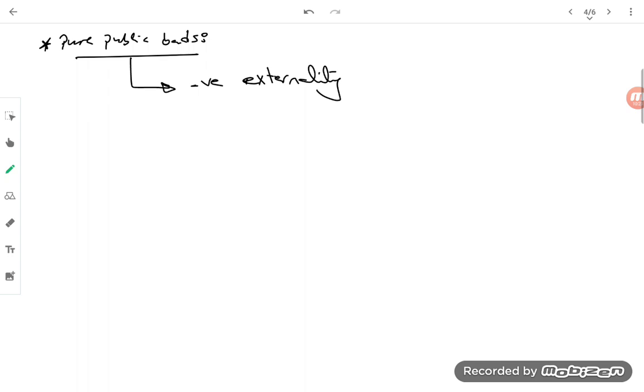What is the marginal cost of production and distribution of pure public goods?